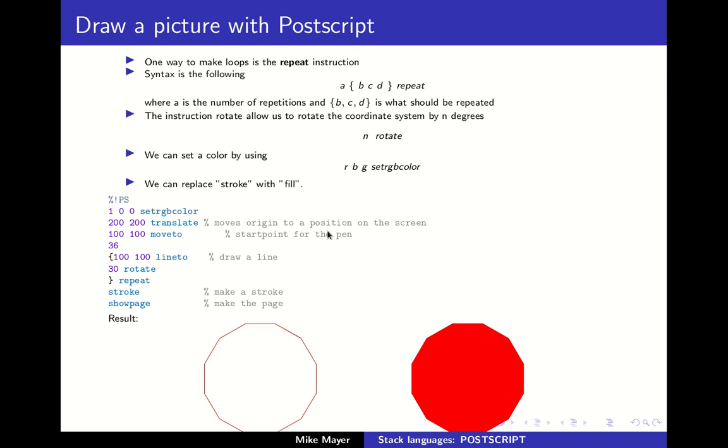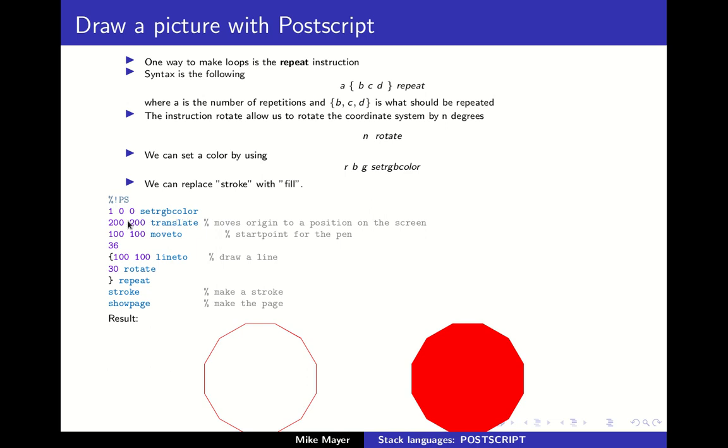Okay, this is an example for loops. What we want to do is produce this kind of extended stop sign, not with 8 corners but actually with 10 corners. So we first set a color. Obviously everything here is red, RGB.